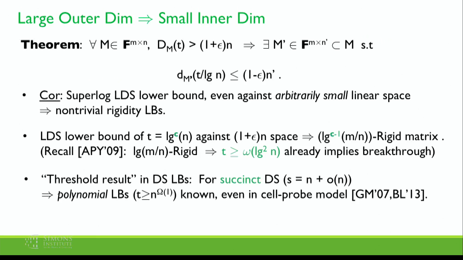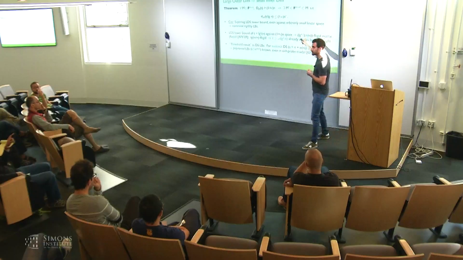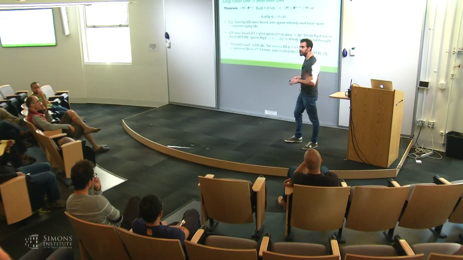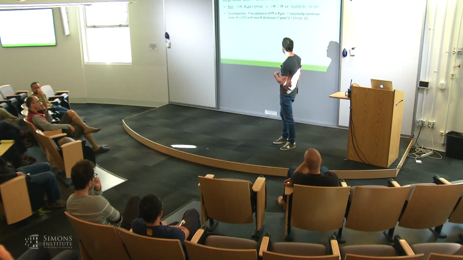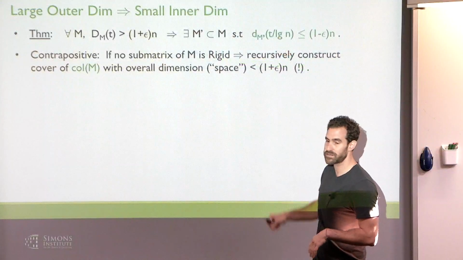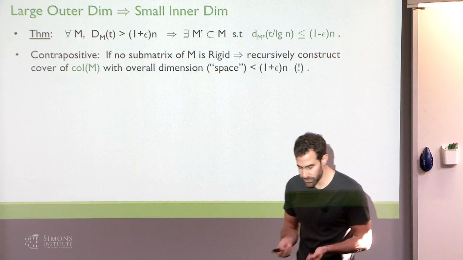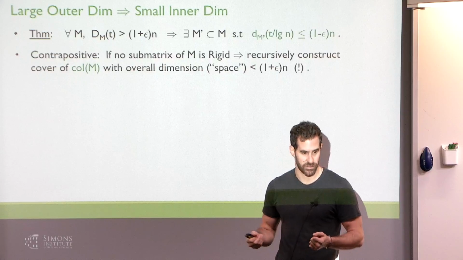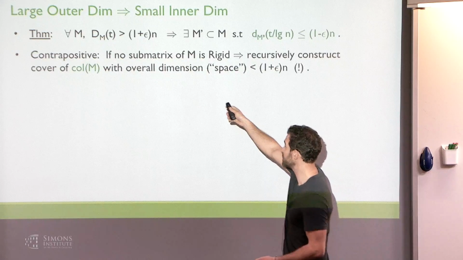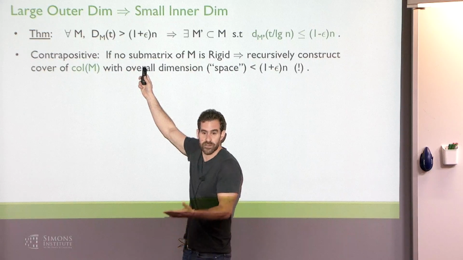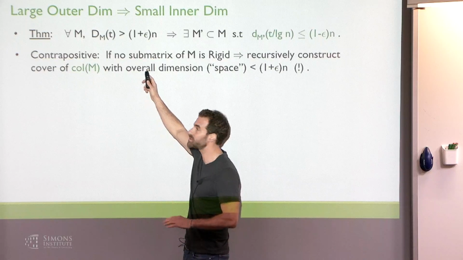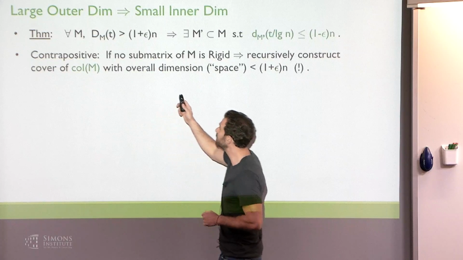So how explicit is this now? Because for all M there exists an M prime. Let me very quickly sketch the proof. Give me your matrix for which you have proved the data structure lower bound. You prove that the outer dimension is large, but not terribly large; you only need to convince me it's larger than 1.01 n.